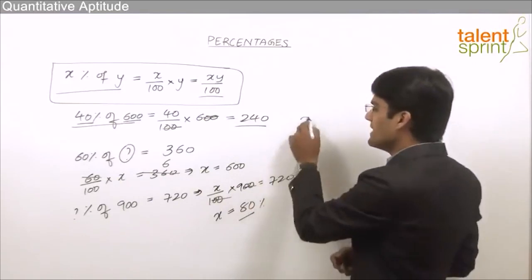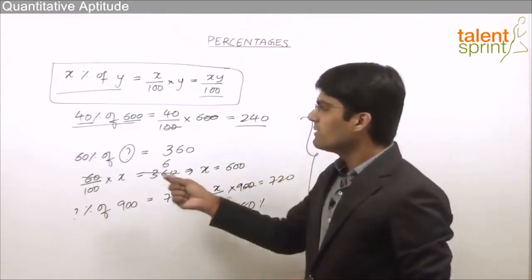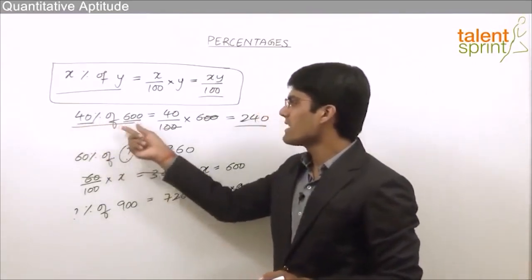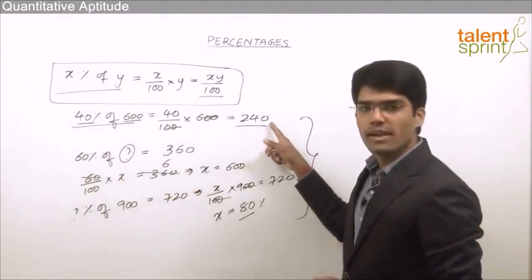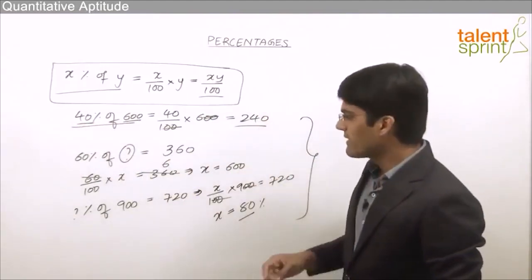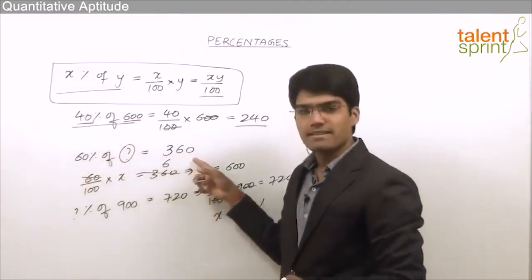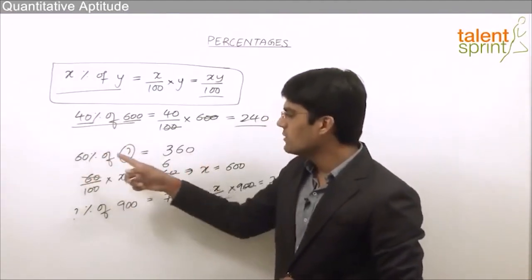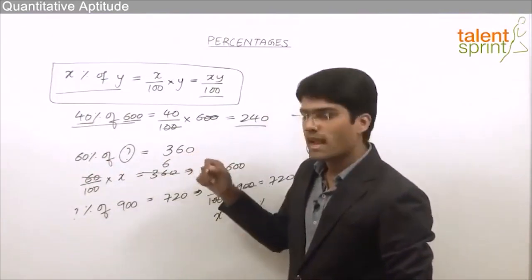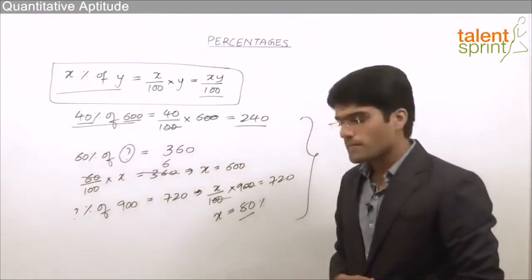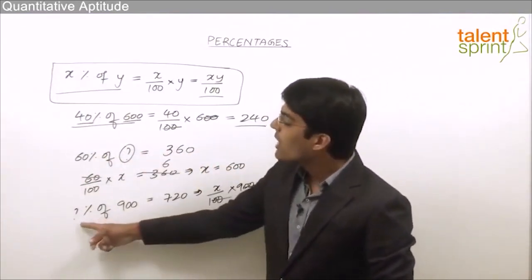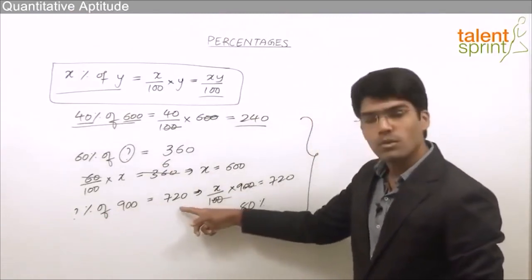So as you can see from these three calculations, the first one was 40% of 600 is equal to what? So we were able to find out the answer, that is 240. In the second calculation, we find that 60% of what is equal to 360. So here the percentage value and the absolute value was given and we have found the maximum value. And in the last calculation here, what percent of 900 is equal to 720?